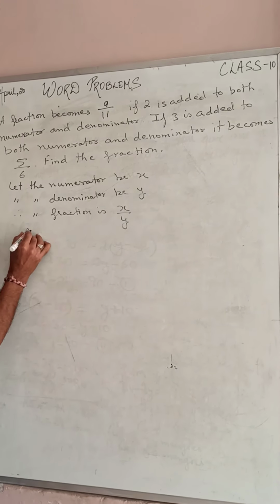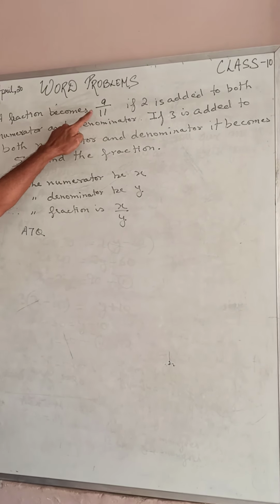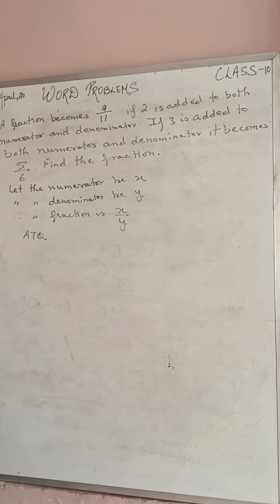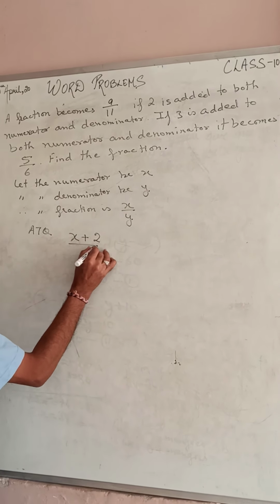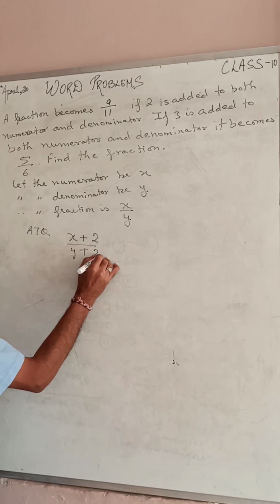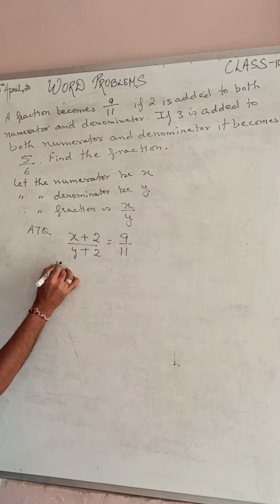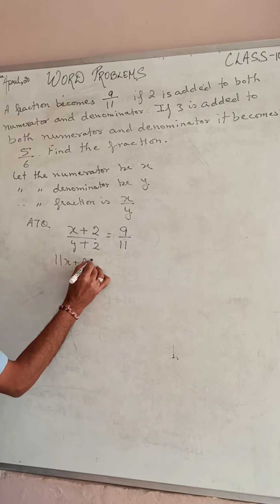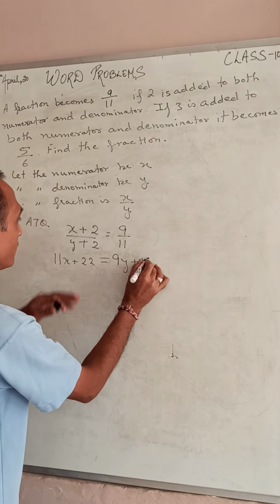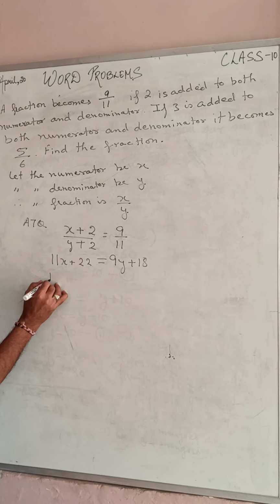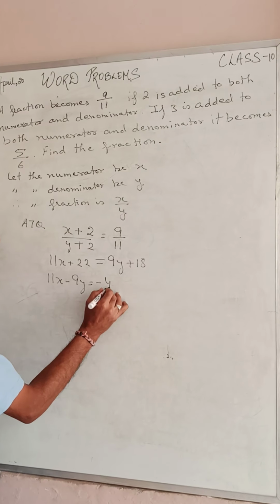Now, according to the question, a fraction becomes 9 upon 11 if 2 is added to both numerator and denominator. Means x plus 2 upon y plus 2 equals 9 upon 11. We cross multiply. 11x plus 22 equals 9y plus 18. 11x minus 9y is minus 4.